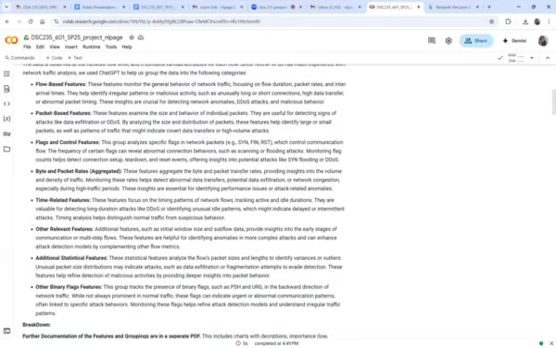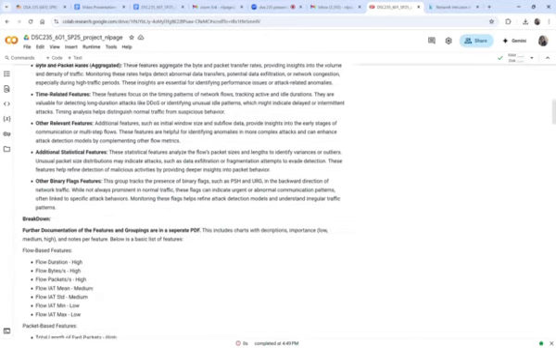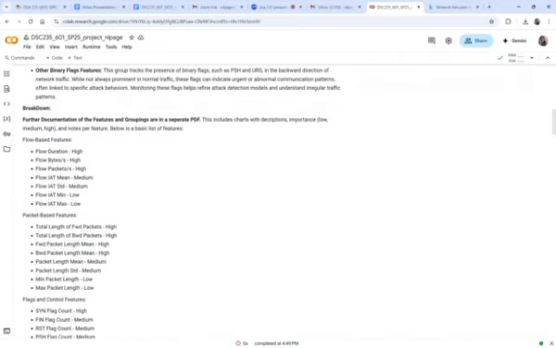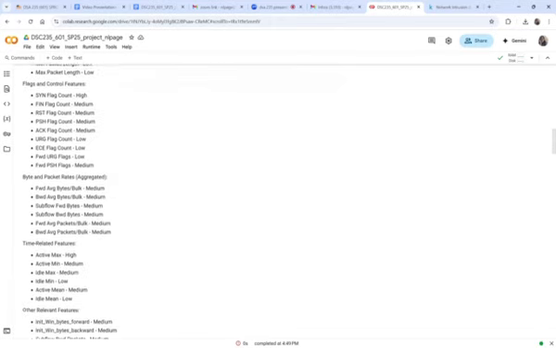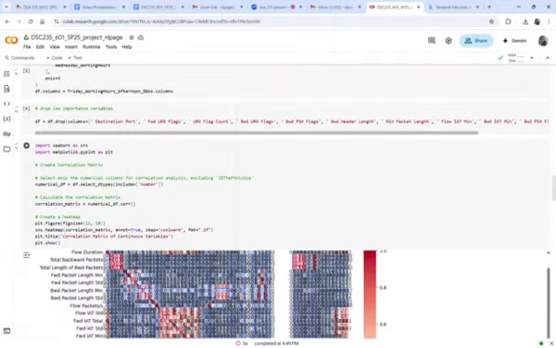And then we analyzed the data by combining the CSV files as we did down here. And then we also had ChatGPT help tell us which features might be high, low, and medium importance. And we dropped columns that were labeled as low importance. And then here's us dropping the low importance variables.